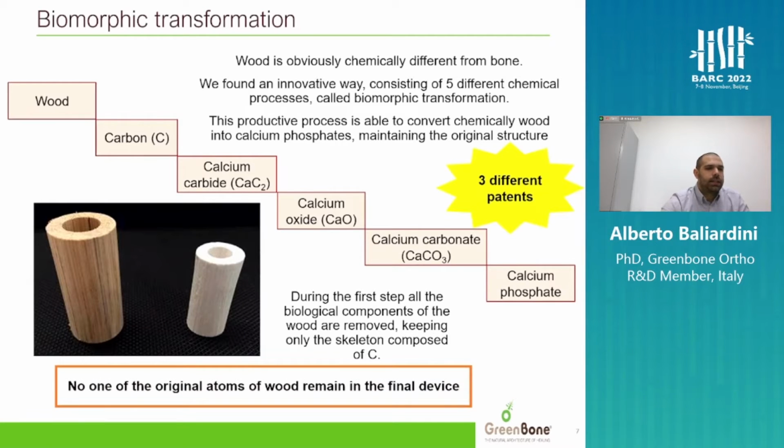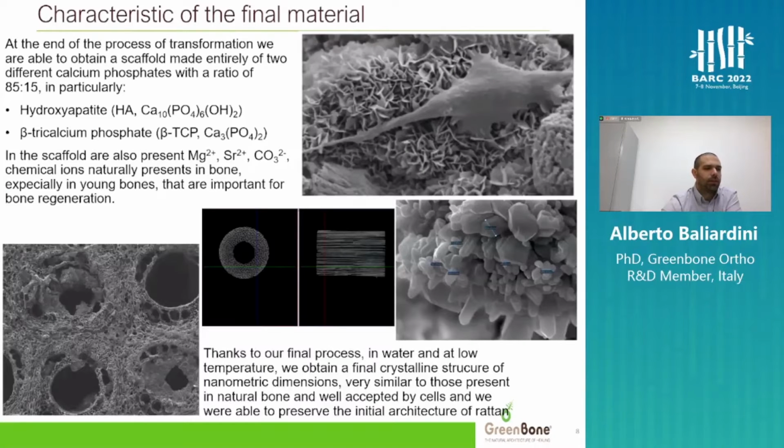Bear in mind that not one atom of the original wood structure remains in the final finished product, only the 3D structure. At the end of the process of transformation, we are able to obtain a scaffold made entirely of two different calcium phosphates, the main component of the mineral phase of bone. In the scaffold are also present ions naturally present in bone, especially in young bones, that are important for bone regeneration.